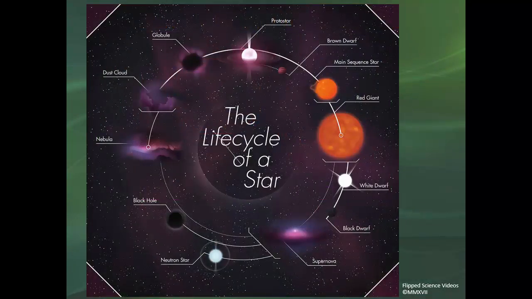Here's another diagram of a life cycle of a star. It starts on the left-hand side, and you can see how it goes into a nebula, a protostar. If it's too small, it actually will turn into a brown dwarf and never get into the main sequence. From main sequence, it goes into a red giant.